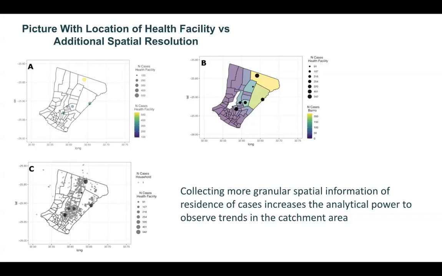And that's beginning to give a higher level of information with regards to distribution of cases. And obviously the most granular option, shown on figure C, shows the location of the health facilities, again as black dots, but also with the cases geolocated down to the household location.